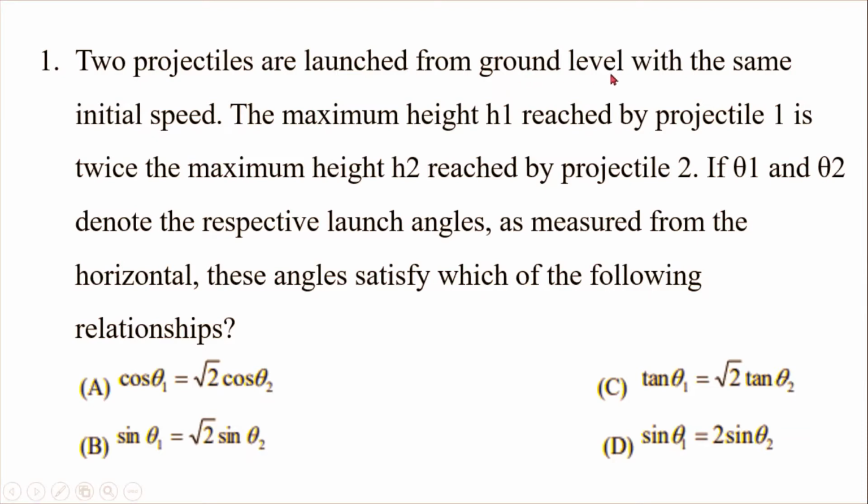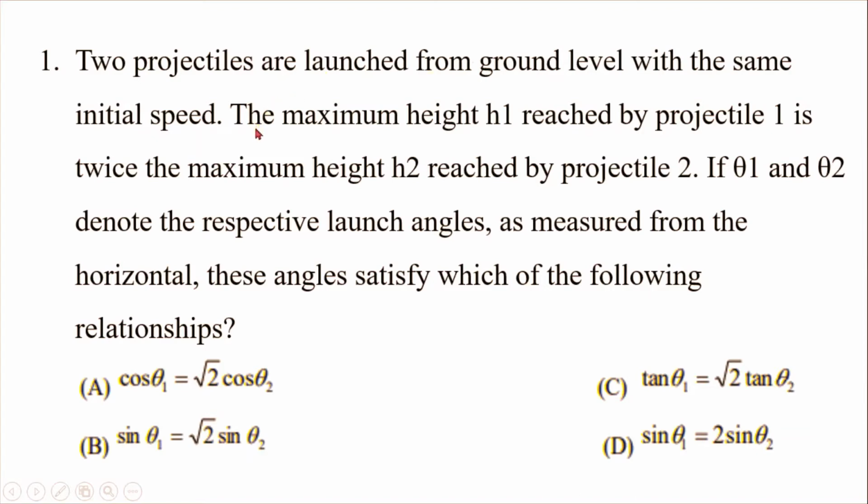Third given in this statement, the initial speed of both projectiles is the same, which means if v01 denotes the initial speed of projectile 1 and v02 denotes the initial speed of projectile 2, then v01 equals v02.